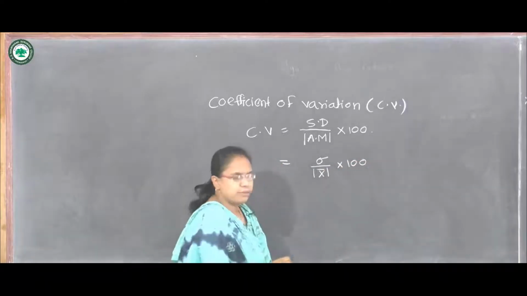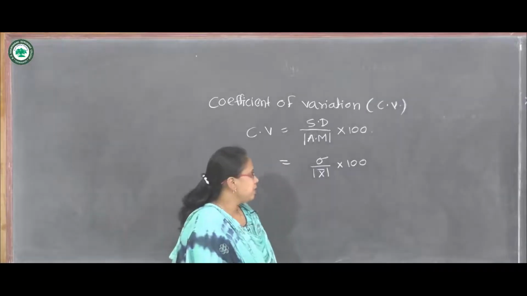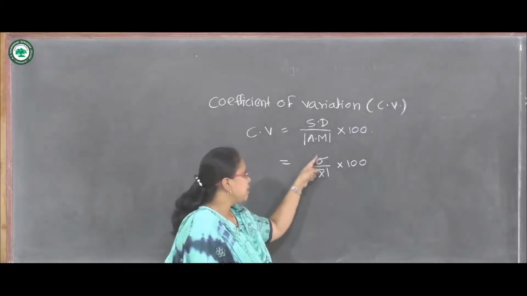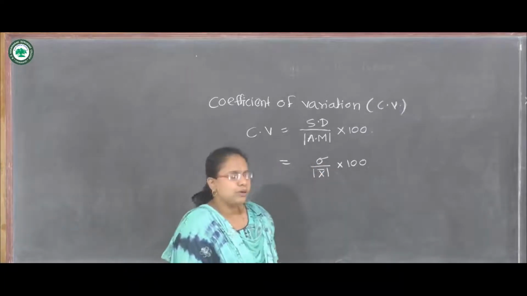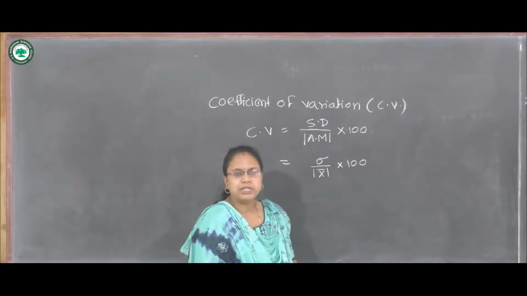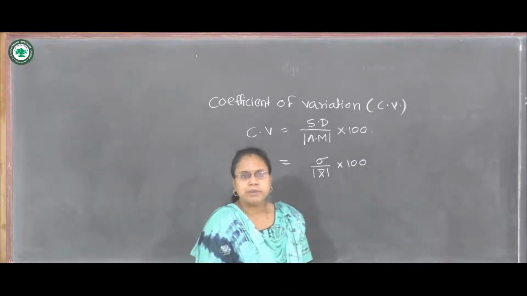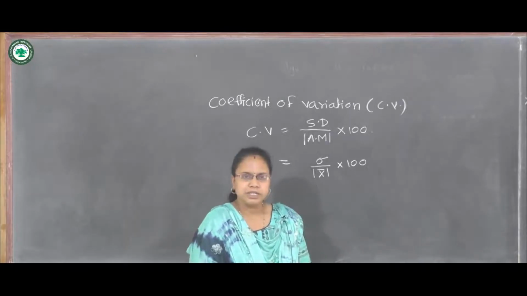This is the formula to calculate coefficient of variation. There is a multiplier 100 because sometimes the ratio sigma upon modulus of x bar is too small. Note that the coefficient of variation is always denoted by a percentage, so the value is always in percentage.